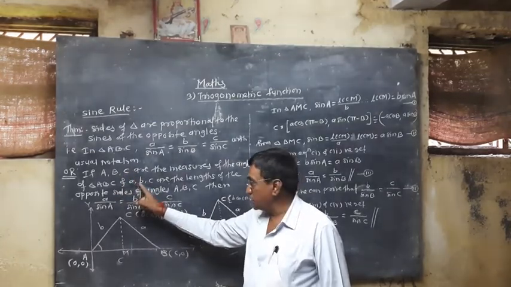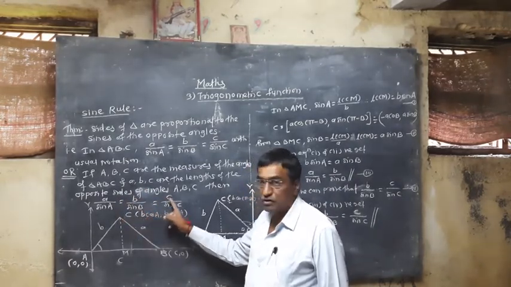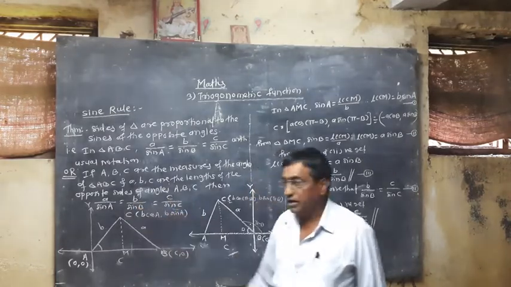That is, a upon sine A is equal to b upon sine B is equal to c upon sine C.